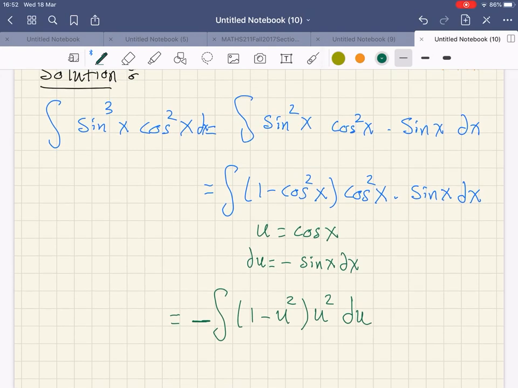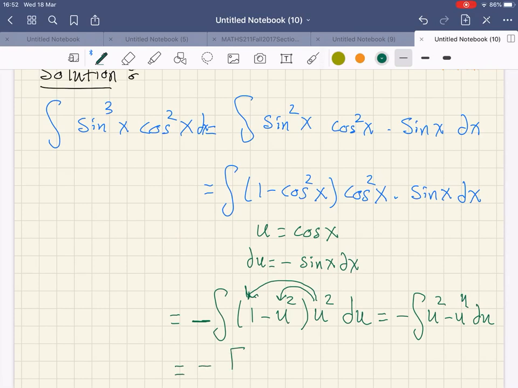Now this is a very easy integral, because we can evaluate something like this from calculus 1; we just need to multiply this by this. The final answer will be negative the integral of u squared minus u to the power 4 du. All we need to do is the integration.